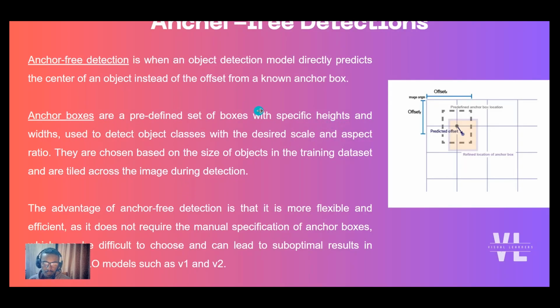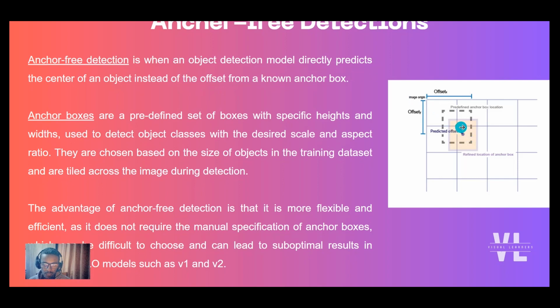YOLO V8 is different from YOLO V5 and the previous YOLO models because it's anchor-free. It's similar to that of the YOLO R model. Anchor-free detection is when an object detection model directly predicts the center of an object instead of the offset from a known anchor box.